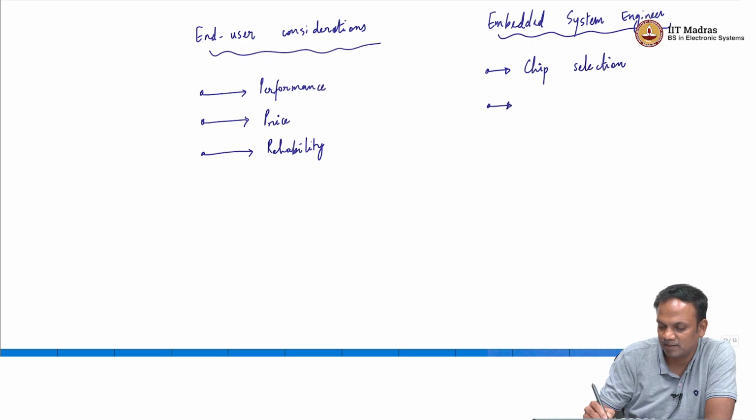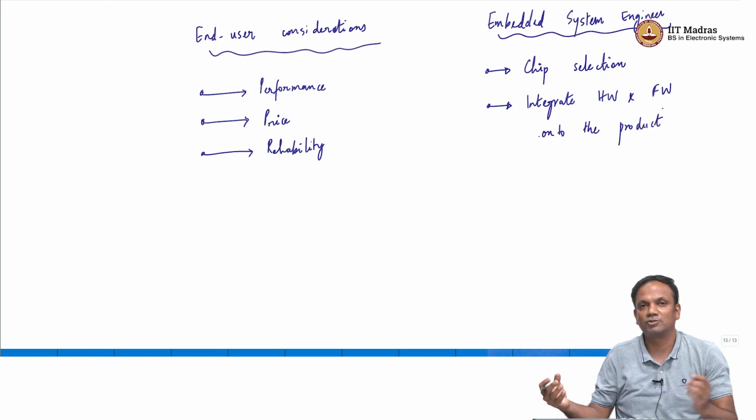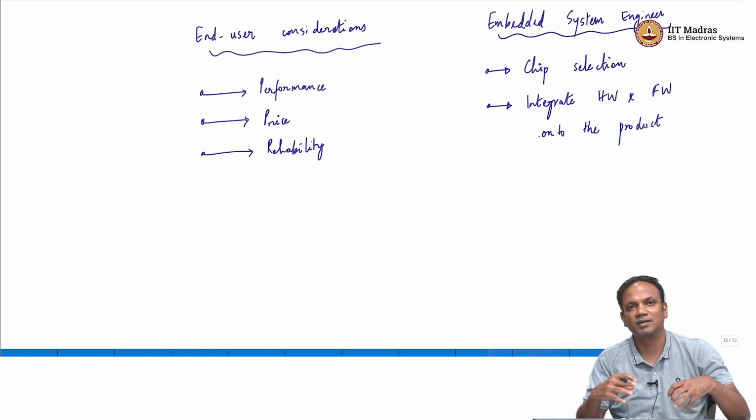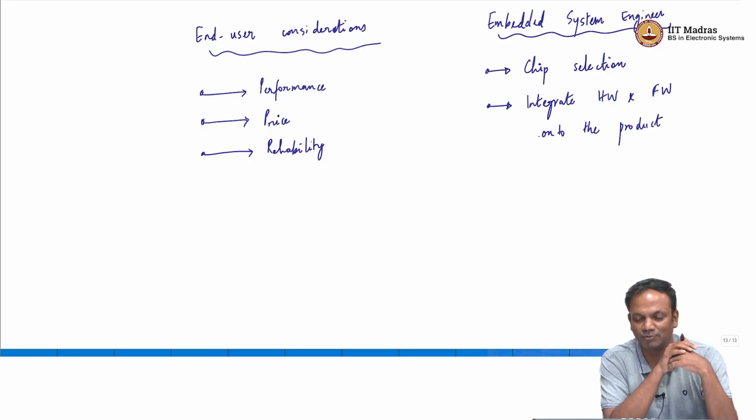My responsibility is also to integrate the hardware and firmware onto the product, which means I also have to figure out how to bring all of these chips together, both in the form of hardware and in the form of firmware or software.